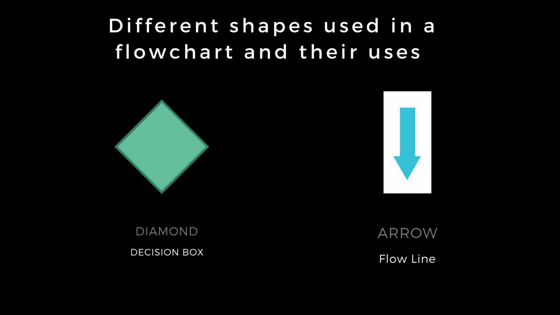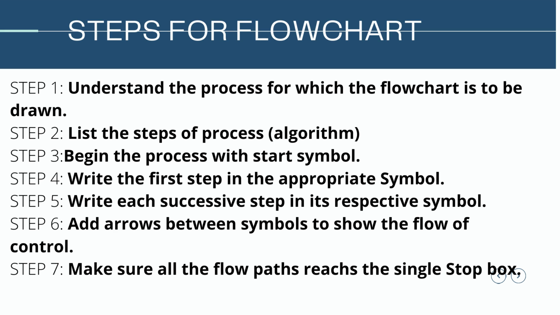Let's see the steps for flowcharts. How to design a flowchart? We need some steps, just as we learned in algorithms. The first step is to understand the process, how to draw the flowchart. The second step is to list the process.